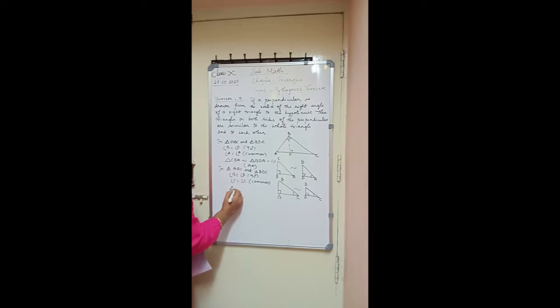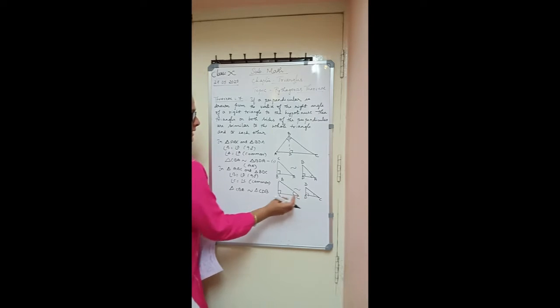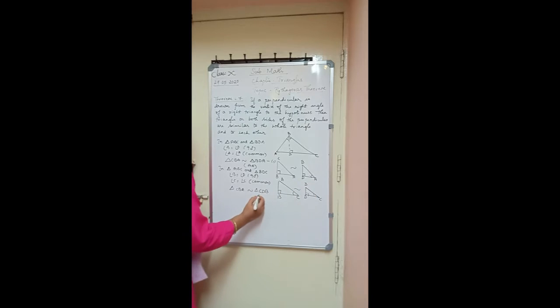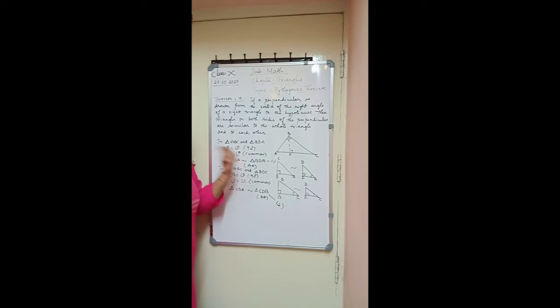So triangle CBA is similar to triangle CDB. See here, angle C is equal to angle C, then angle B equals angle D, then angle A equals angle B. So by AA criterion, these two triangles are similar. Take this as equation 2. Now, this triangle CBA is similar to triangle BDA.